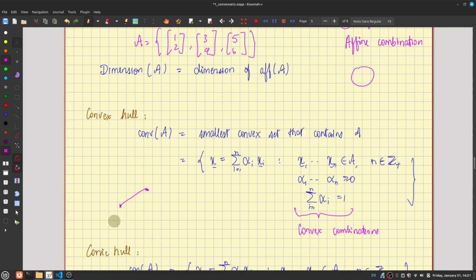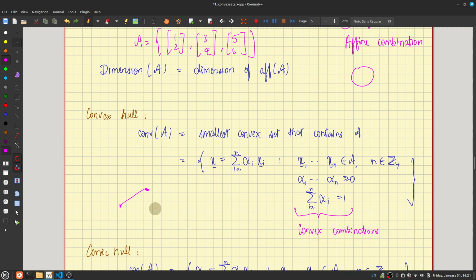A convex set is basically a set where if you take any 2 points, then the line segment joining those 2 should also lie within the set. So obviously, the entire line segment that joins these 2 should also be in the convex hull of A. And you don't need anything else.